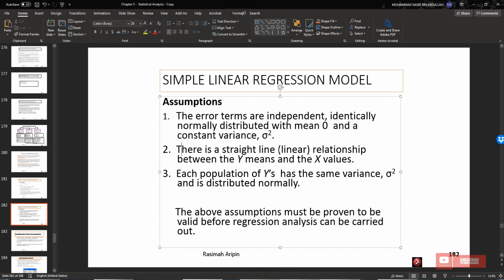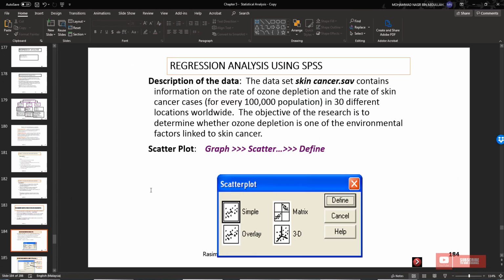This is the linearity assumption. So if you want to use linear regression, you need to make sure the dependent variable is linear. And of course, equality of variance.